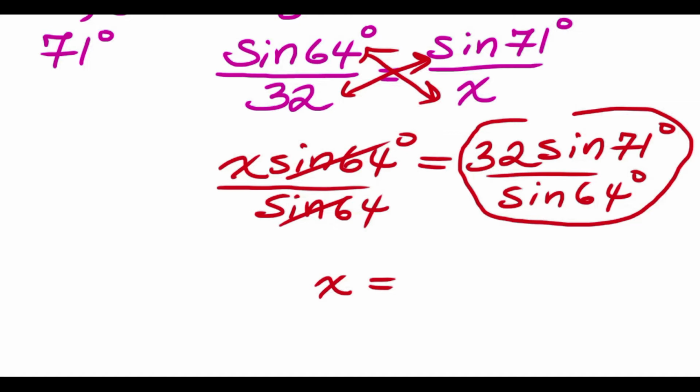When we put in 32 times sine 71 degrees divided by sine 64 degrees, we get 33.6635 and so on.